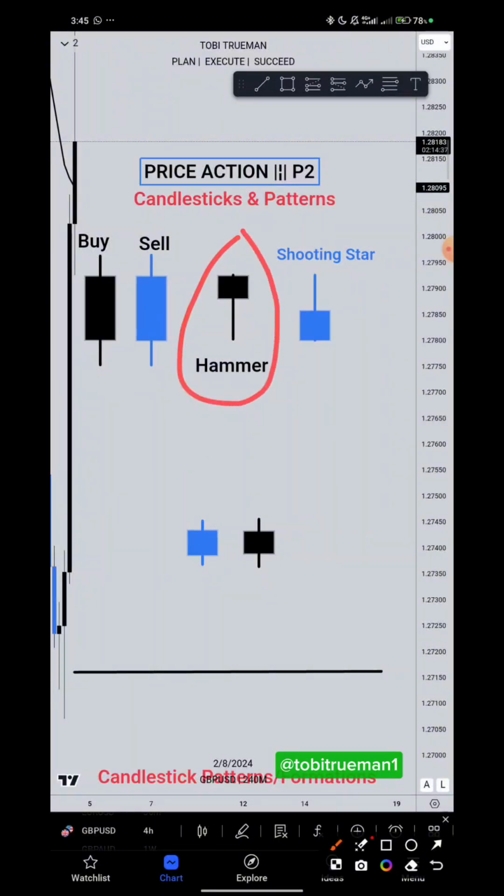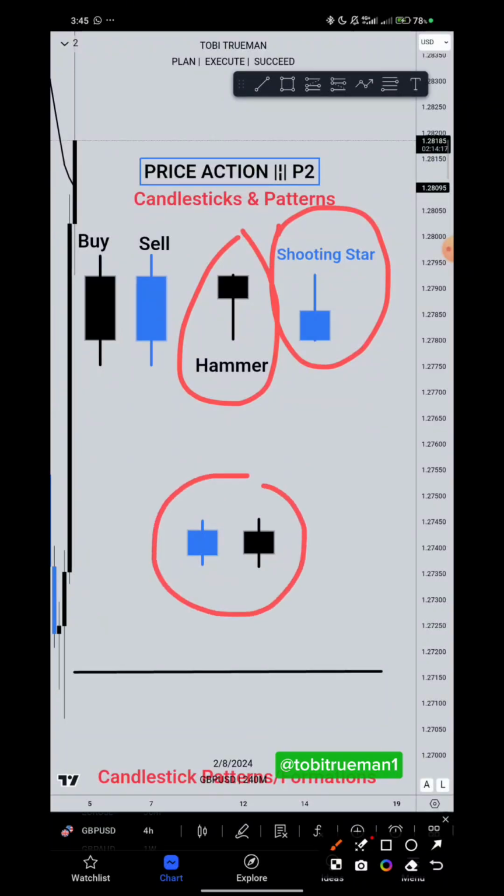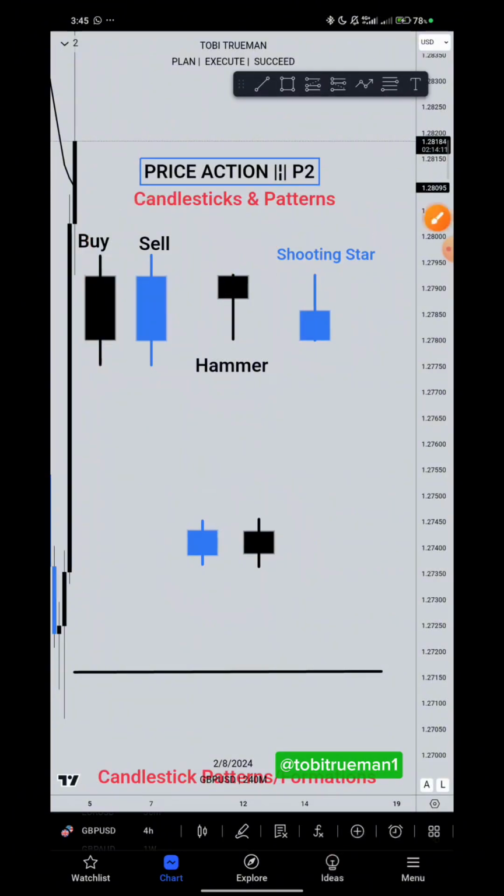It will occur in a downtrend, or in a pullback, and we can use it to trade. Then the other one is the shooting star. It mostly occurs in an uptrend, for trend reversal, and we can use it to also trade. And these other ones are just smaller bodies of these buy and sell candlesticks for easy understanding.